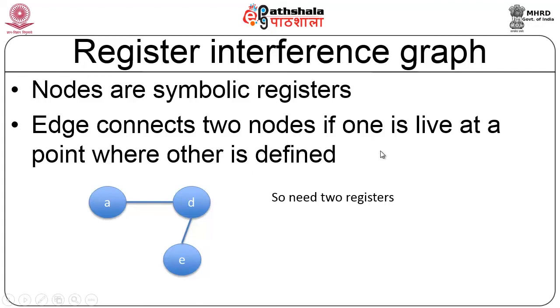That is, when you are defining one particular variable, and if some variable has already been defined earlier, then I have to have an edge between these two variables. So A in the first block B1, which we have done in the example, is a node, D is a node and E is a node. The first line assigns A, the second line assigns D, so I have to define an edge between A and D, and this is going to be used also.